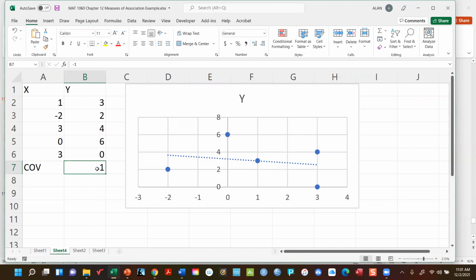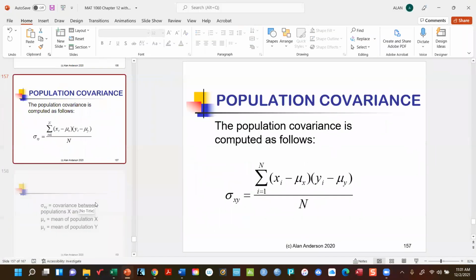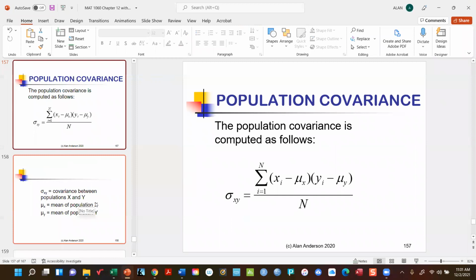So what can we do about it? Is there another approach we can take that will give us a number that not only has the right sign, but gives us a better feel for how strong this relationship is? And that's when we introduce the correlation coefficient. Now, before we do that, I just want to show you, this is the equivalent formula for the population covariance. And you can see we changed all the Roman letters to Greek letters.